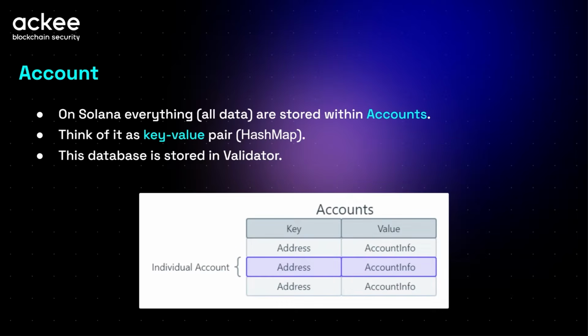When you try to invoke or call some of the programs that are already deployed in the cluster, as I said in the overview, you create a transaction which contains instructions. These instructions specify, as defined by you as the developer of the program, which accounts to expect on their inputs. So on the off-chain side, where you actually create the transaction, you need to specify all of the expected accounts.